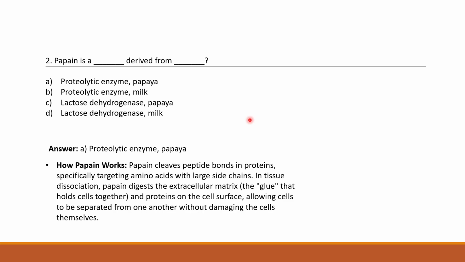So your basic amino acid structure, you have an R group, you have a COOH group, and you have an amino group. So your R group or your side chain that your amino acid has, that is where your papain will act. And it is useful in tissue dissociation.